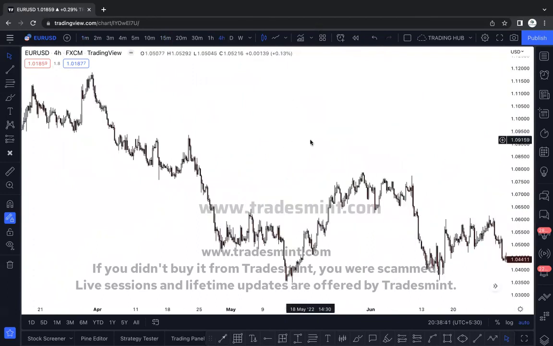But in the 4 hour and daily time frame, 1 minute structure can't decide the 4 hour move and daily move. So 15 minute, and you can go to 1 hour. 1 hour is very fine to mark as a higher time frame structure. But I will suggest that in the starting you can go with 1 hour.